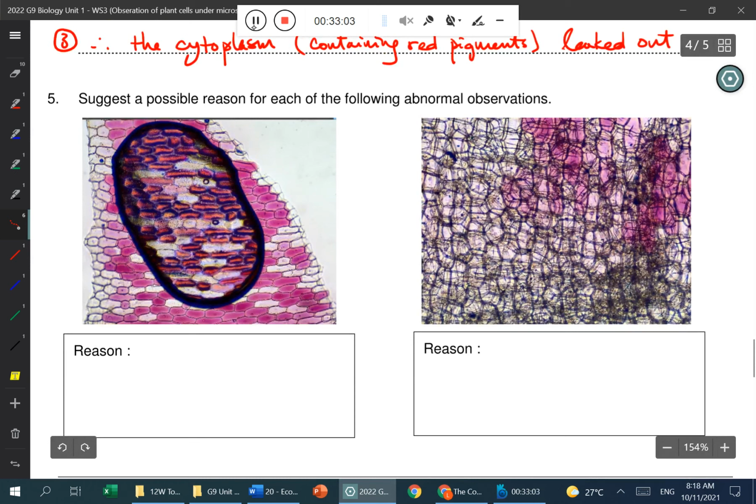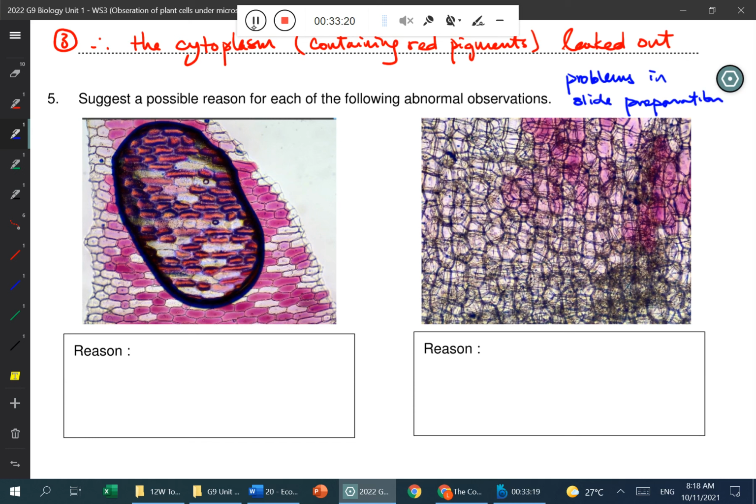It's all caused by problems in slide preparation. These and these are not vacuoles, but they are actually gas bubbles.